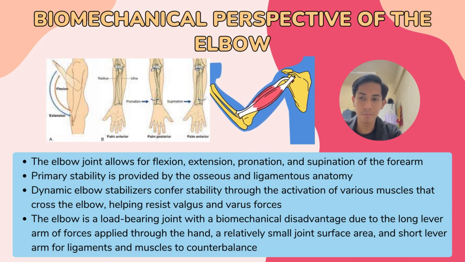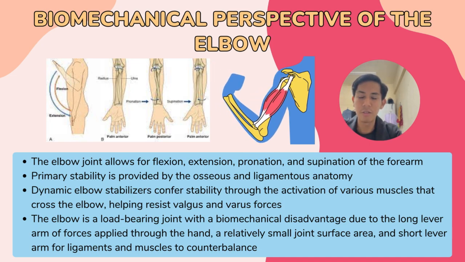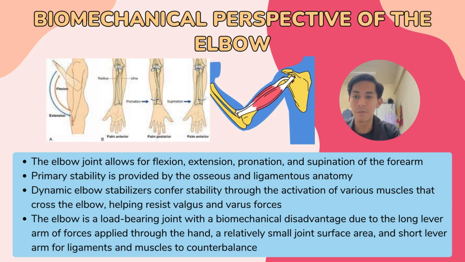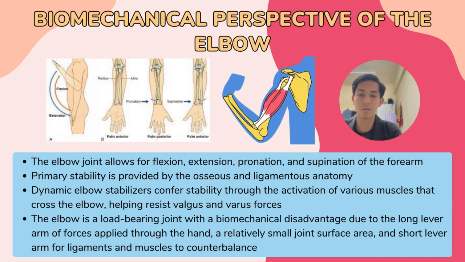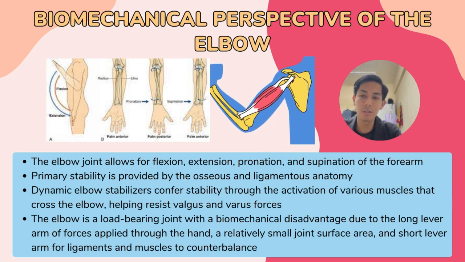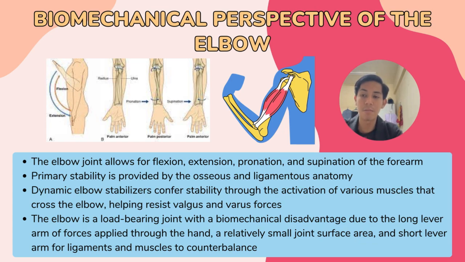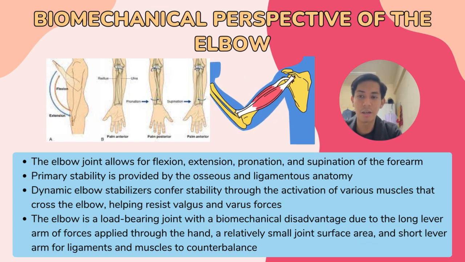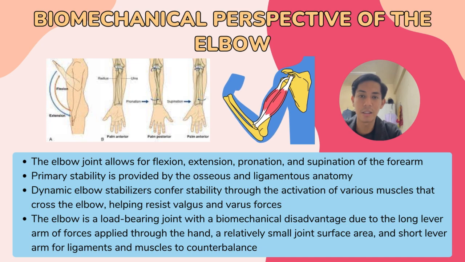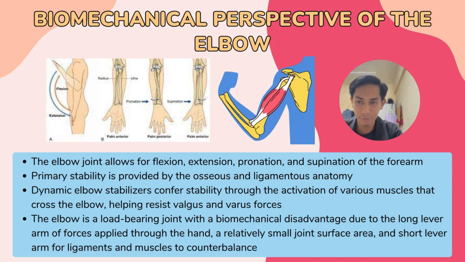The kinematics allow the elbow joint flexion, extension, pronation, and supination of the forearm. The normal range of motion for elbow flexion is 0 to 140 degrees, but most activities only require 30 to 130 degrees of flexion.